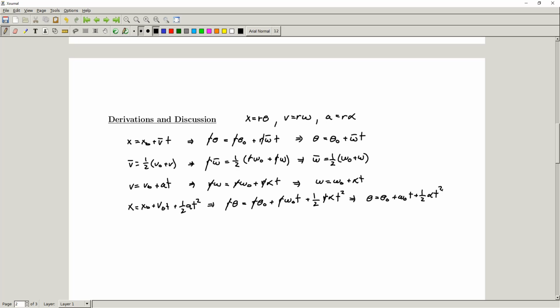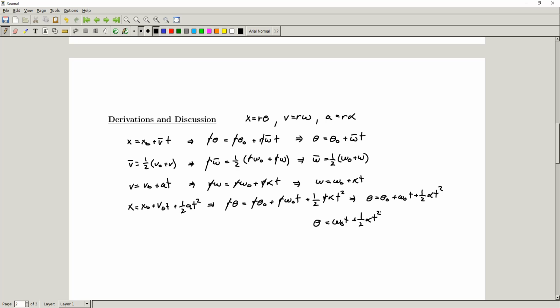Now, I just wanted to point out that in the text they go over all these equations again, but they seem to want to write it down with no initial angle now, right? So they write something like this. I think I don't have the textbook open in front of me right now, but I think they write something like this. And so why is this not the same? Well, it really is the same.